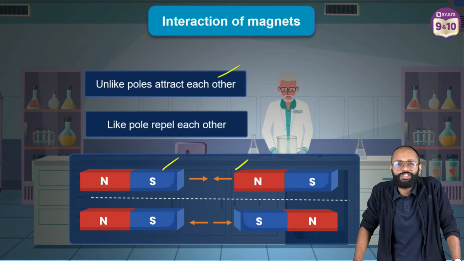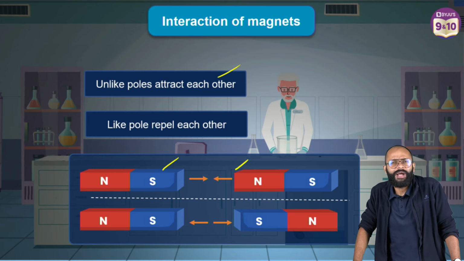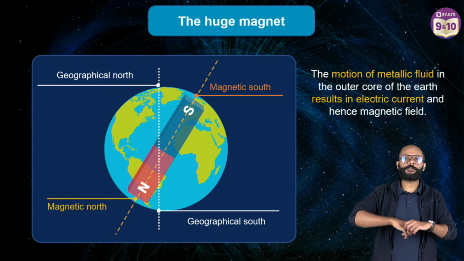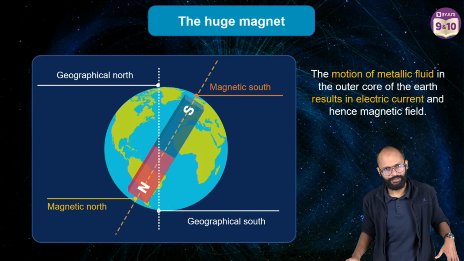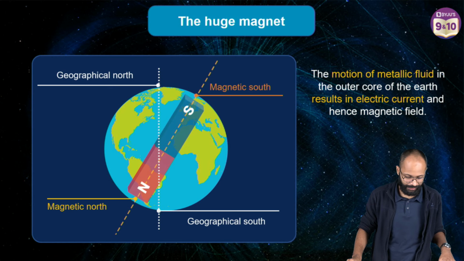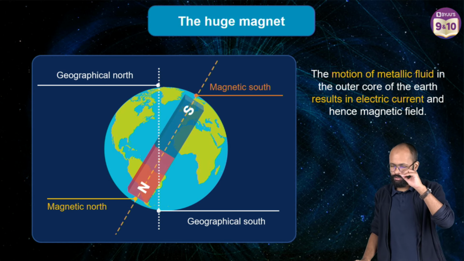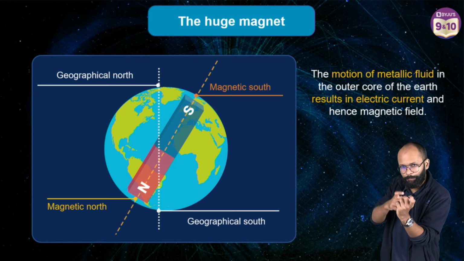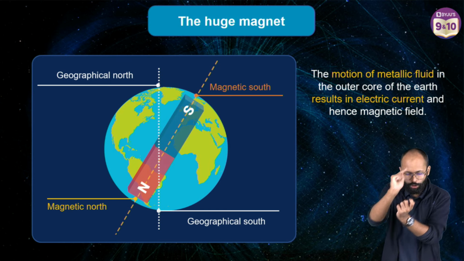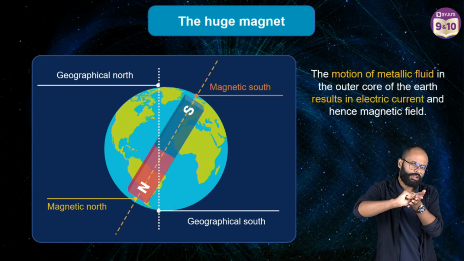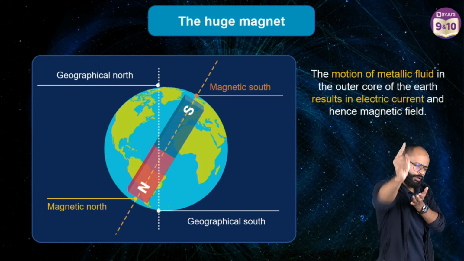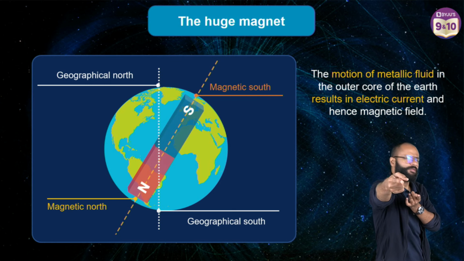Earth is a giant magnet, but a weak magnet. Yes. Earth is a huge magnet, but a weak magnet. Now, think about it. The north pole of your compass needle is pointing to the north pole of the earth. North pole is getting attracted towards the north pole of the earth, but that is not possible.